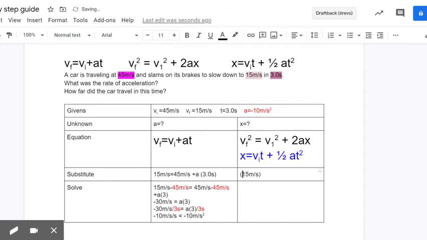The only reason I'm going to do it twice is because I want you guys to see I'm going to get the same answer both ways. My VI was 45. Plus 2 times -10.